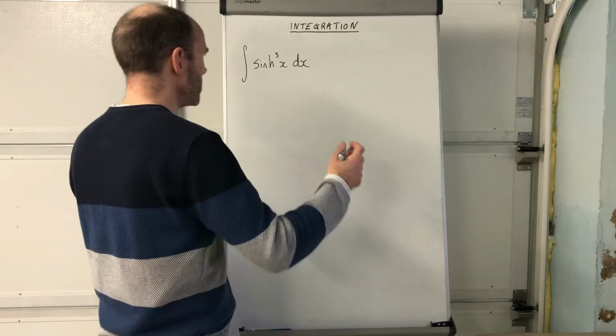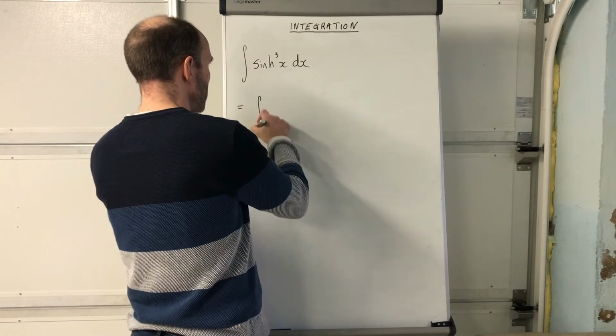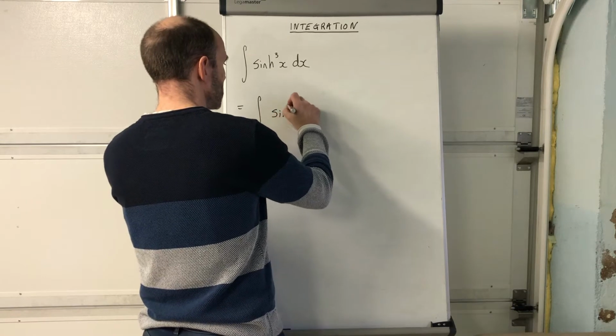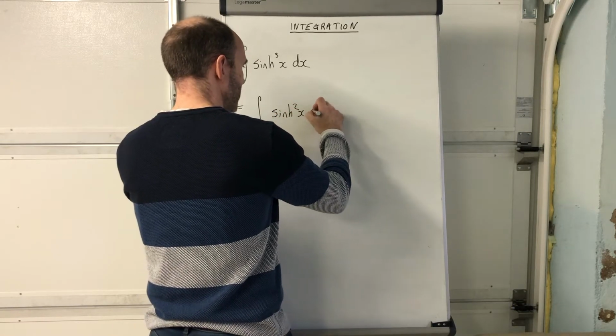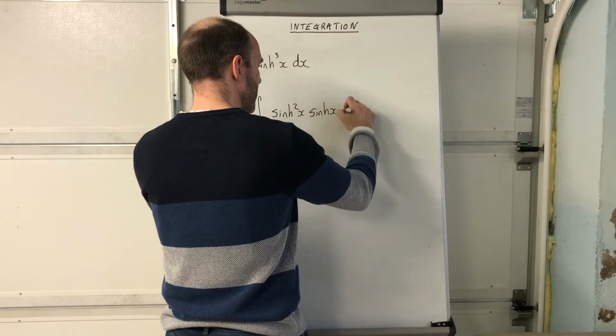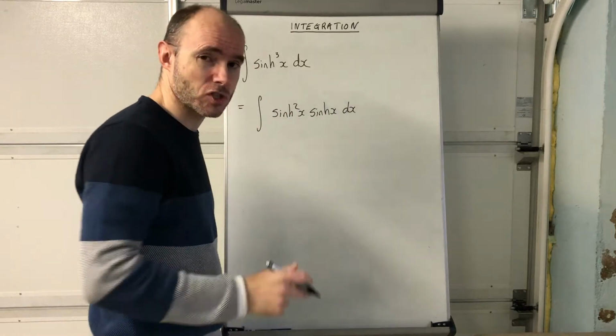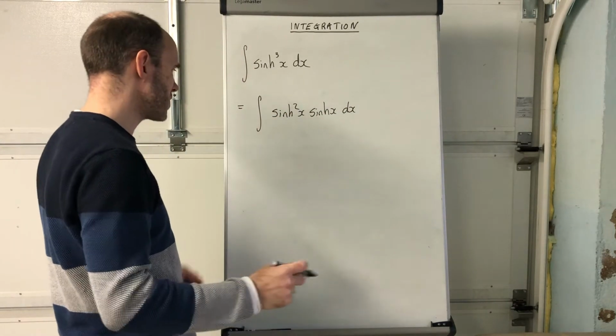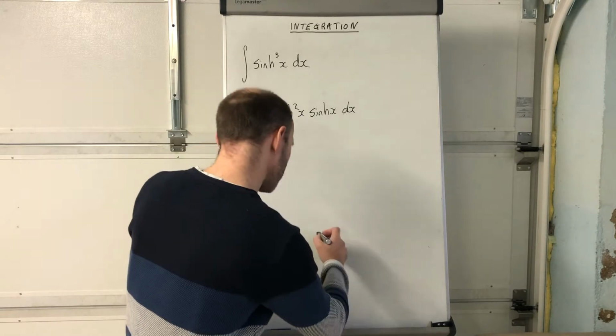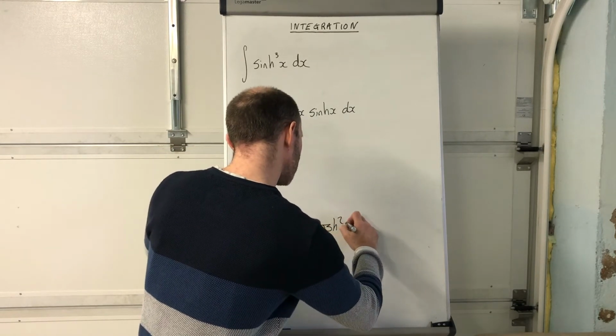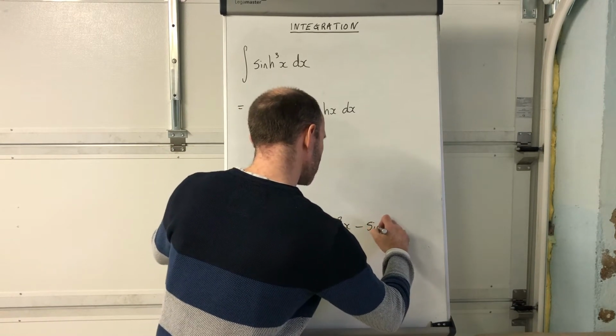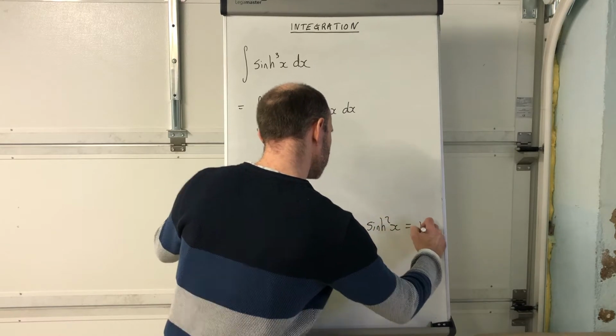Okay. What we're going to do is just rewrite it as sinh squared x times sinh x, just like that. And we use an identity for sinh squared x. Remember the identity for sinh squared x? It's just right up here. So you've got cosh squared x minus sinh squared x is equal to 1.